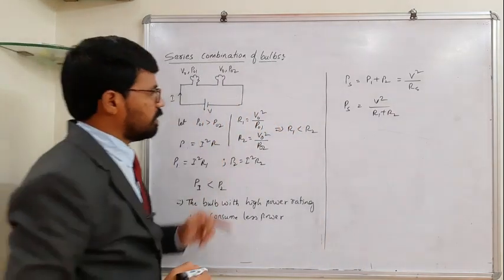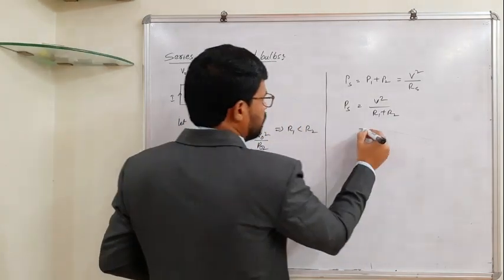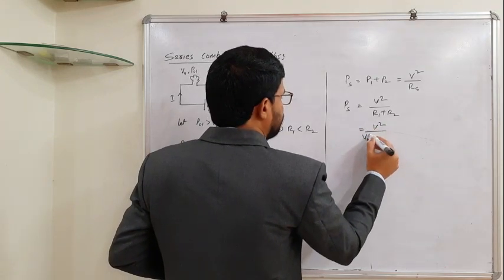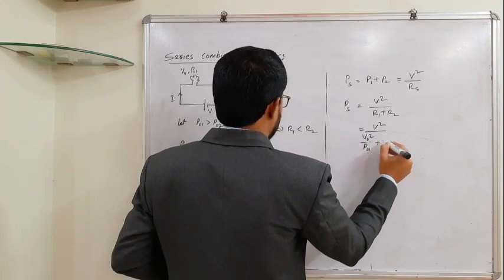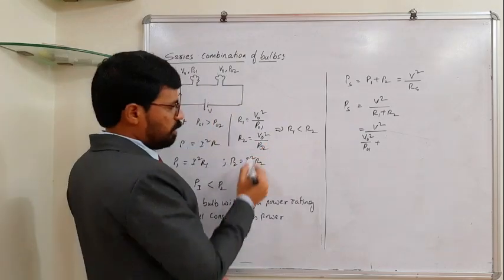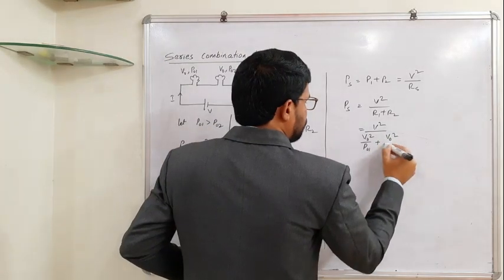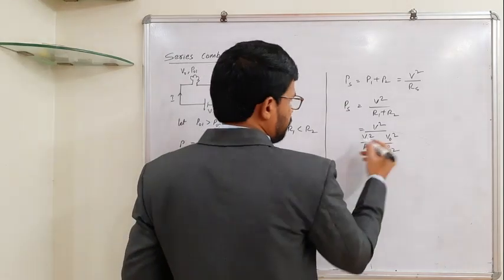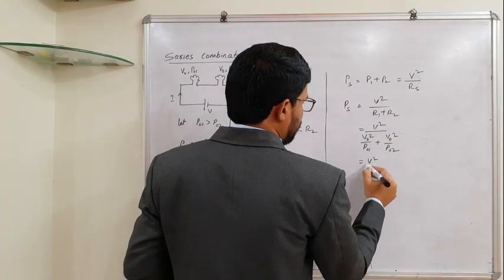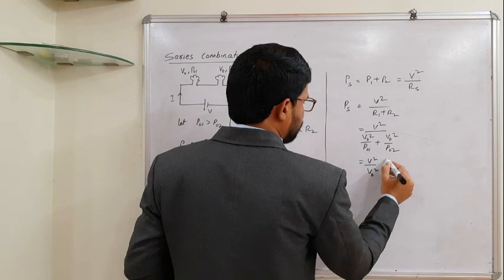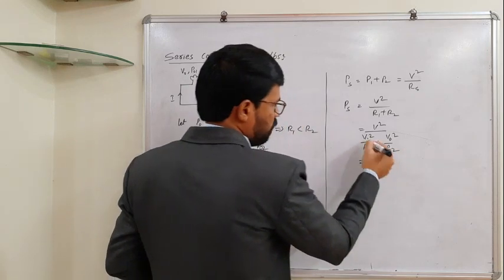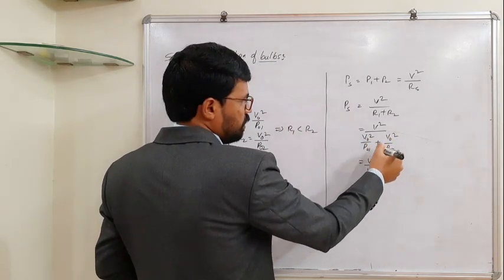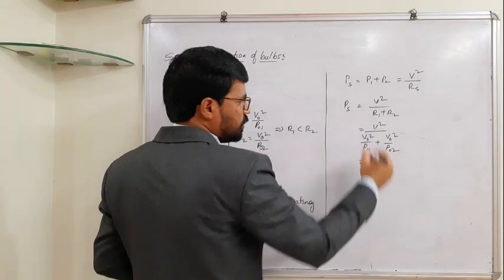Now, R1 is V0 square by P01, and R2 is V0 square by P02. So PS is V square divided by V0 square by P01 plus V0 square by P02. From here, you can take V0 square common. Then you will have V square by V0 square into, in the denominator P02 plus P01, and P01 P02 goes to the numerator.